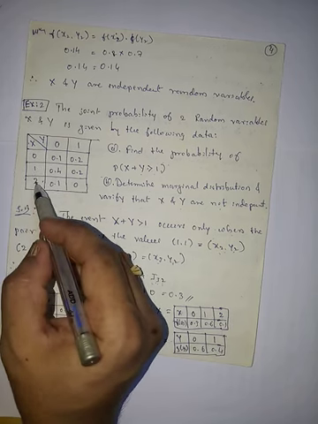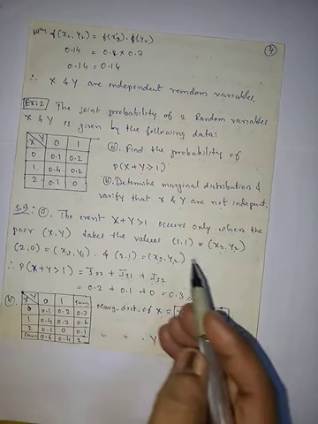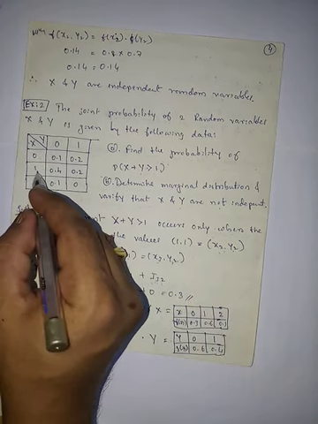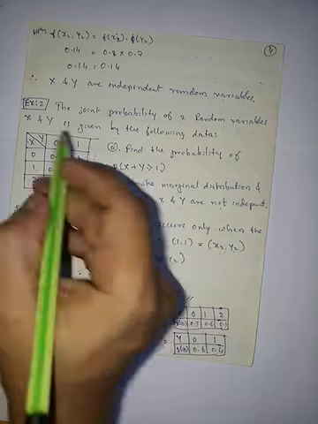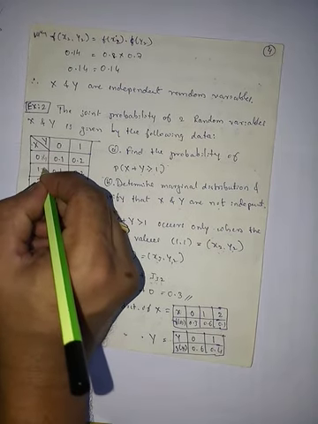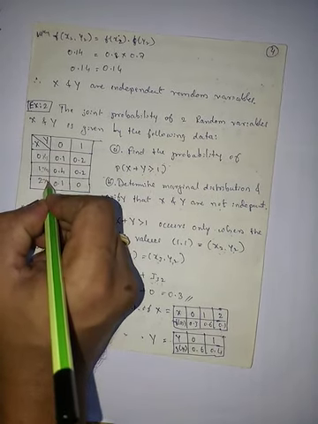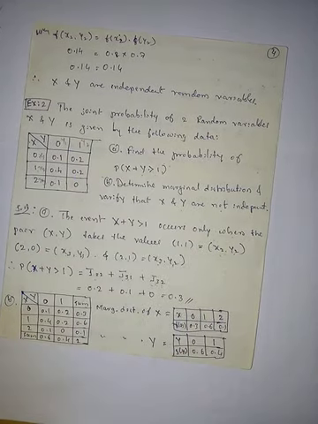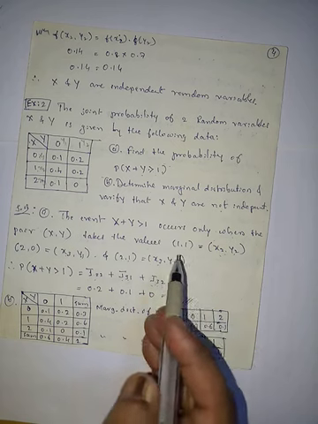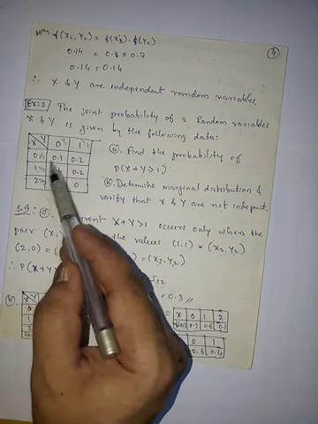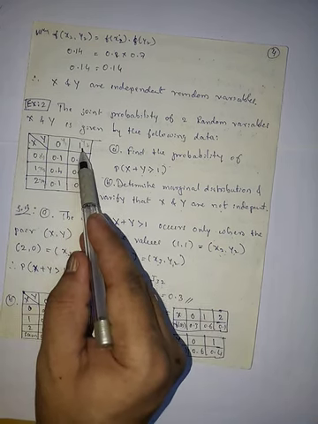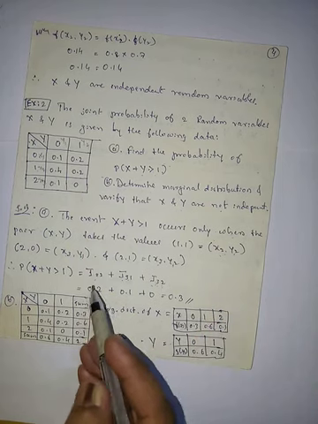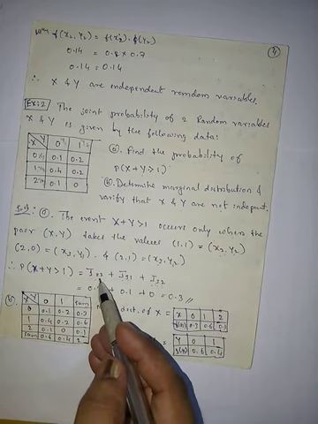Here I denote x1, x2 and x3, and y1, y2. Like this we take the combinations. Now 1 1 means 1 is x2 and this one is y2, so x2 y2, the joint probability we denote as j22.